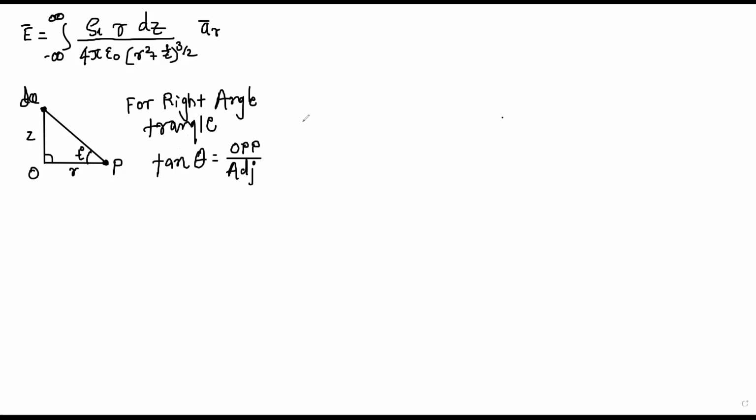Am I correct? Yes, sir. Yes. So for a right angle triangle, tan theta would be opposite side upon adjacent side. And for this triangle, what can I write? Tan T is equal to Z by R.